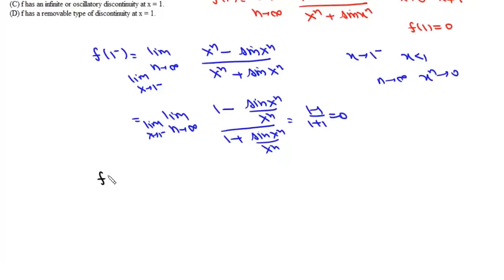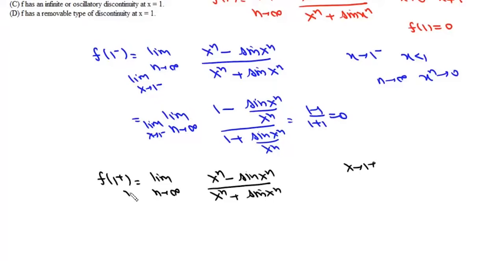Now for 1 positive, we can write this as limit n tends to infinity (x^n minus (sin x)^n) upon (x^n plus (sin x)^n). Now when x is 1 positive, so this limit is x tends to 1 positive.